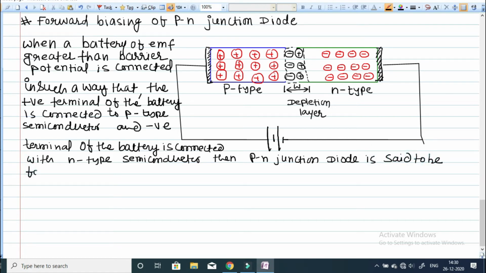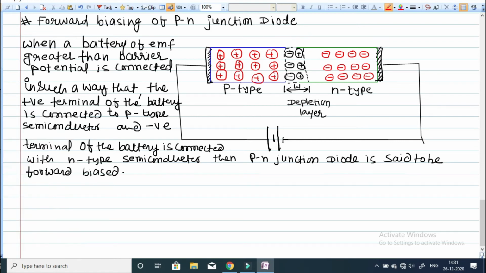The EMF of the battery that we are connecting with the diode must be greater than the barrier potential. So this is a simple process of forward biasing. Now what happens when it is forward biased? Let me explain it.